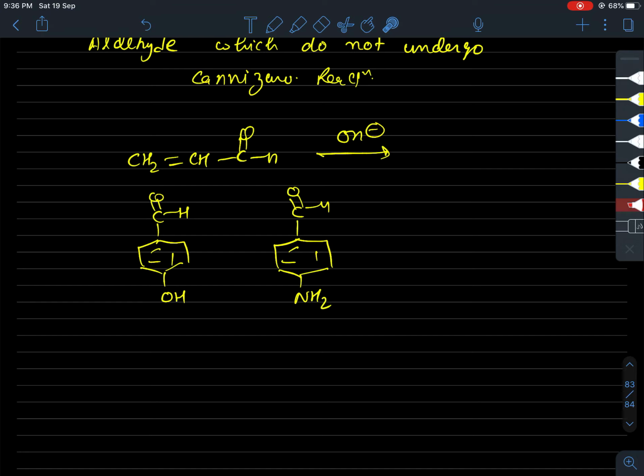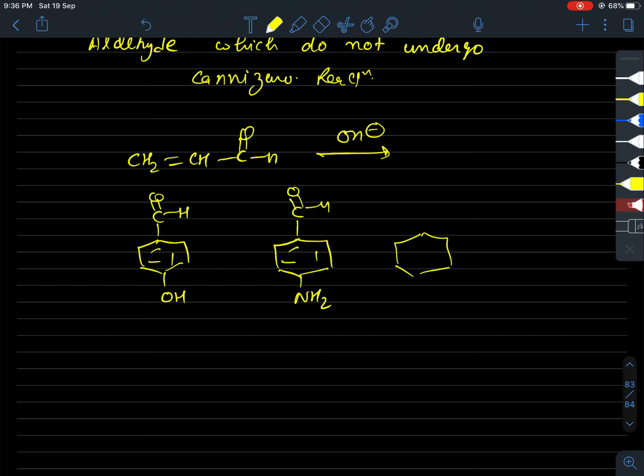Strongly activating group decreases the reactivity, because by donating electrons the carbonyl character will decrease, and because of that the attack of OH minus will be much more difficult than it used to be earlier.